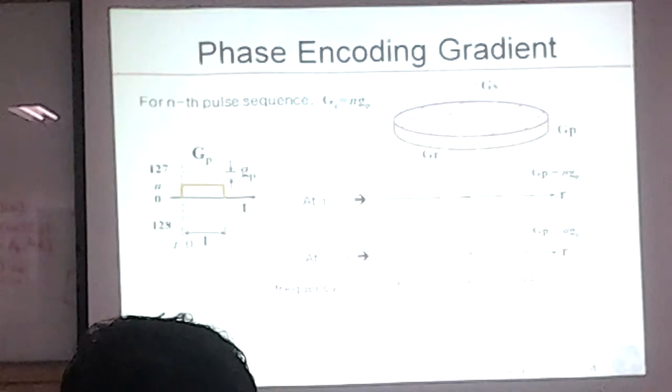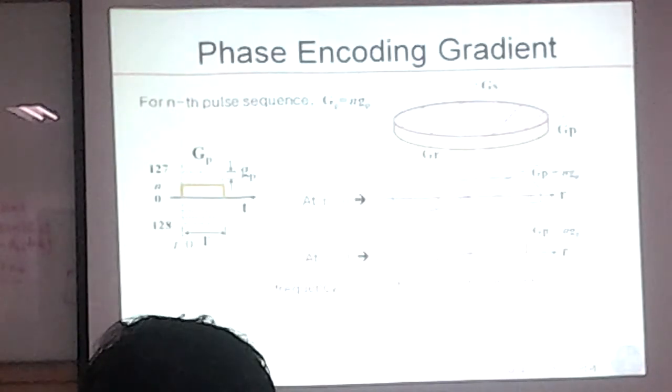Okay. At this time, all spins have the same phase because the slice selection has just finished. That means the maximum signal comes from the slice selection process.